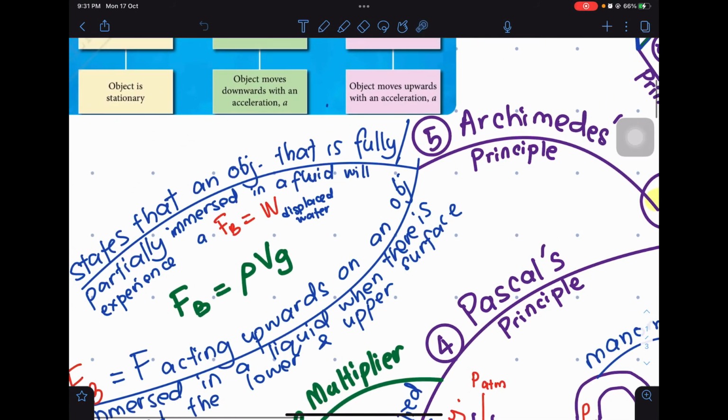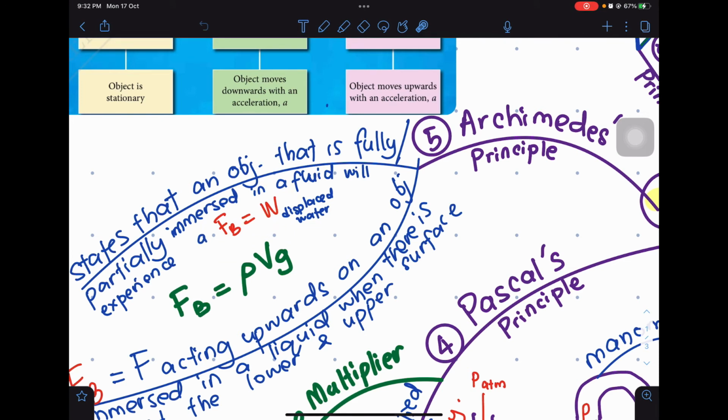Earlier we learned the buoyant force is equal to the weight.